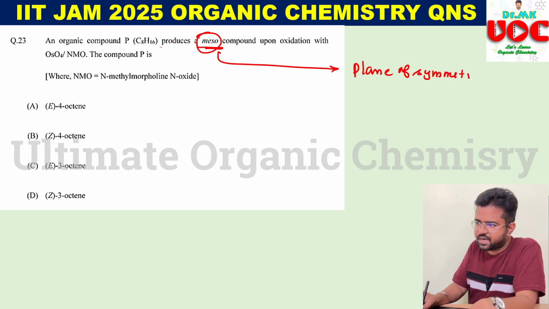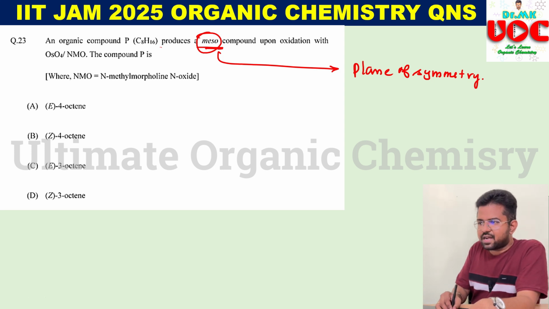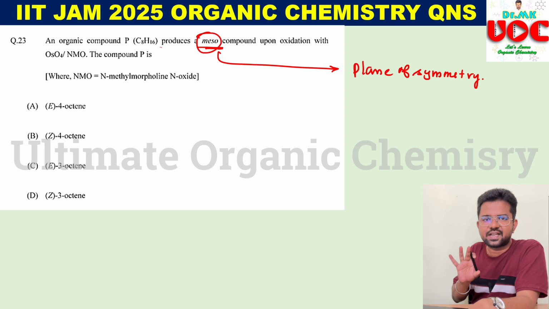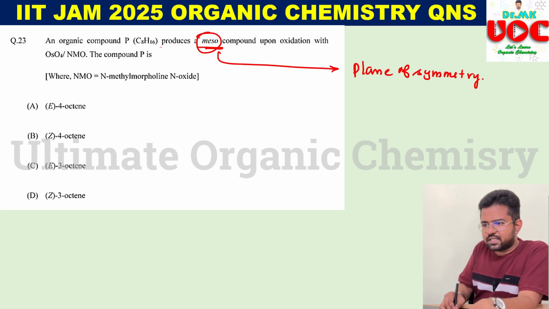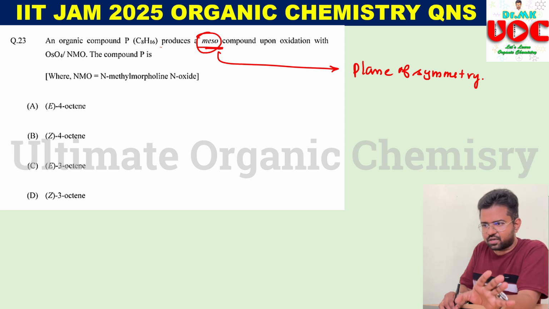A compound which has a plane of symmetry can exhibit the meso property. And among these four alkenes, initially you need to look at which alkene is symmetrical. The first molecule is 4-octene. Just forget about the geometry of the alkene. Just draw the structure of 4-octene.